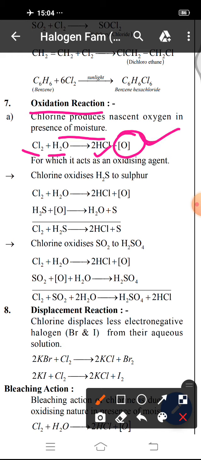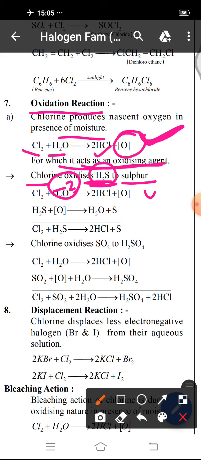Due to the formation of nascent oxygen, it acts as an oxidizing agent, meaning chlorine itself undergoes reduction. When chlorine reacts with H2S, it oxidizes H2S to sulfur. In H2S, sulfur has oxidation state -2, and it is oxidized to sulfur with oxidation state 0.